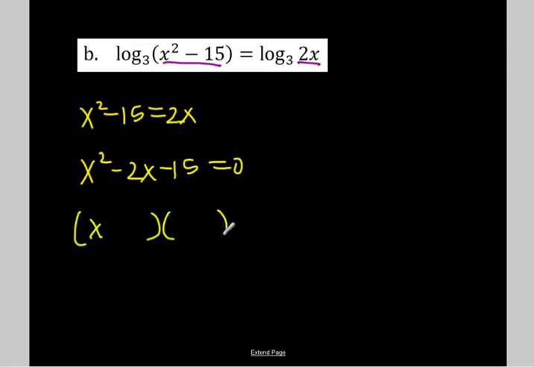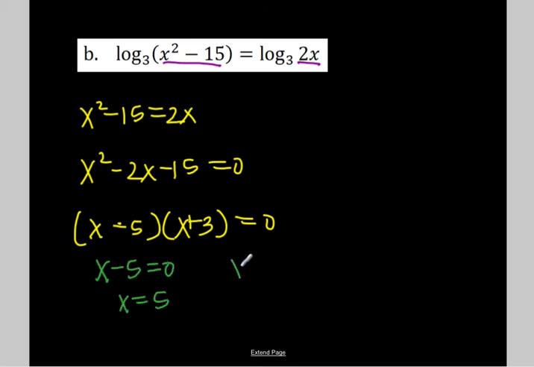Factor. What multiplies to negative 15 but adds to negative 2? Negative 5, positive 3. Set each piece equal to 0. So x is equal to 5. x is equal to negative 3.